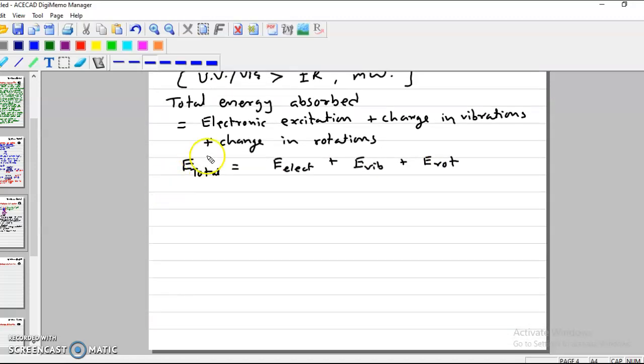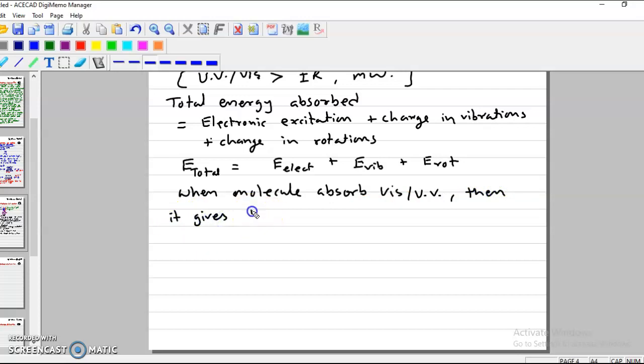That means when molecule absorb visible UV, then it gives lines due to rotations, vibrations, and translations motions.